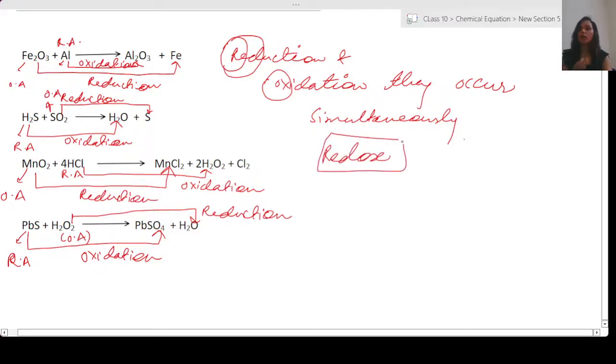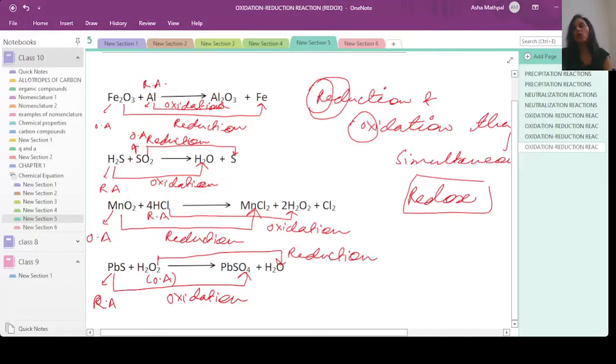Okay, a redox reaction can be a combination reaction, a decomposition, a displacement, a double displacement, any type of reaction. In all the reactions, basically we see that reduction and oxidation occur together, simultaneously.